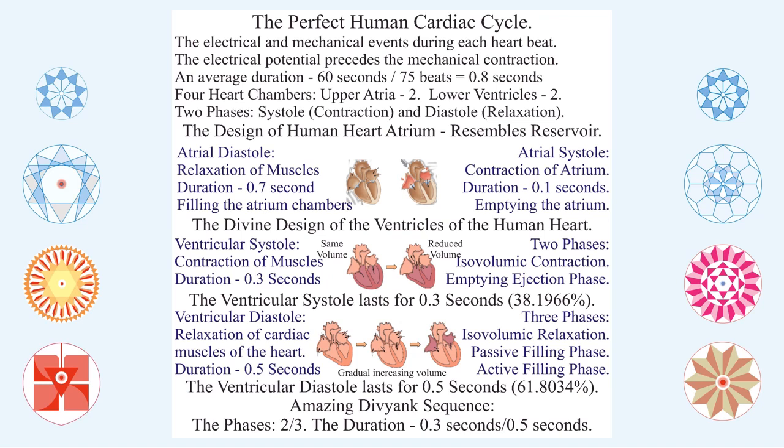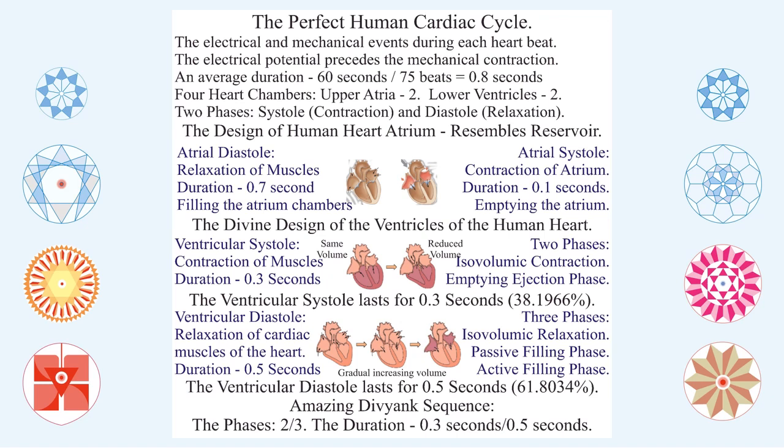Then we have four heart chambers, as I have told you before: upper atria 2, lower ventricles 2. Two phases: systolic, which is contraction, and diastolic, which is relaxation. Now let's understand how exactly it works in the heart. The design of the human heart atrium resembles a reservoir, so it functions more like the earth element.